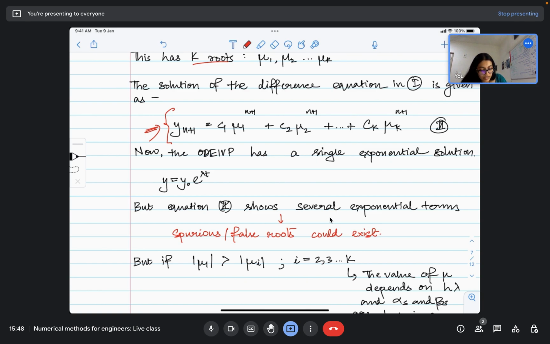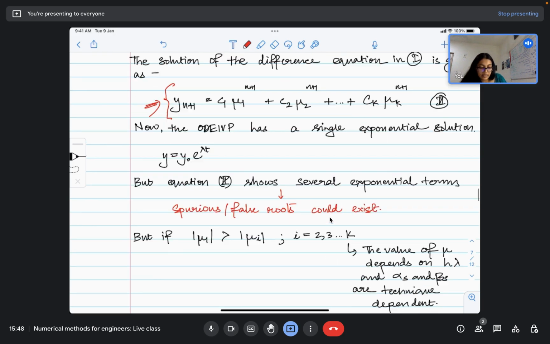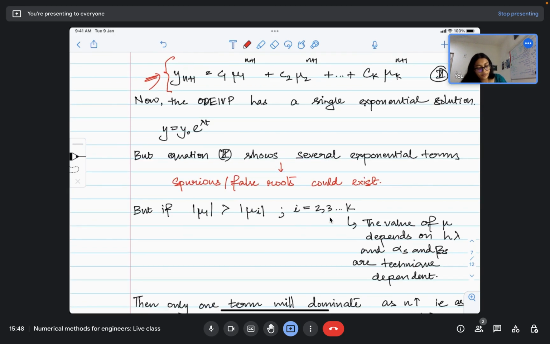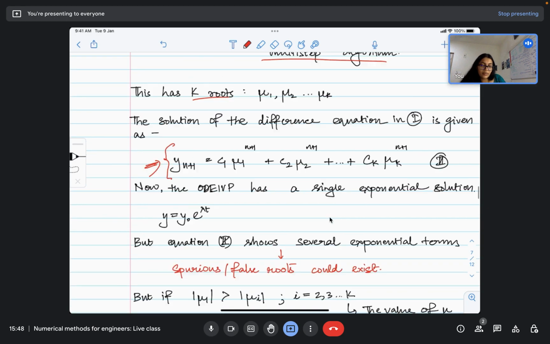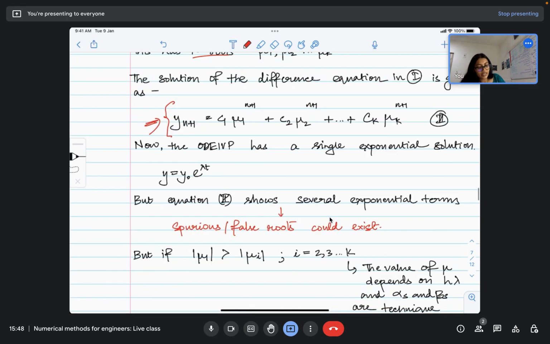Take a moment and understand the step over here. It tells us that this particular algorithm, the derivation that we have been doing, has multiple roots like this, that is c1 mu 1 to the power n plus 1. So basically all these are roots, right? Mu 1, mu 2, mu k, and so on.